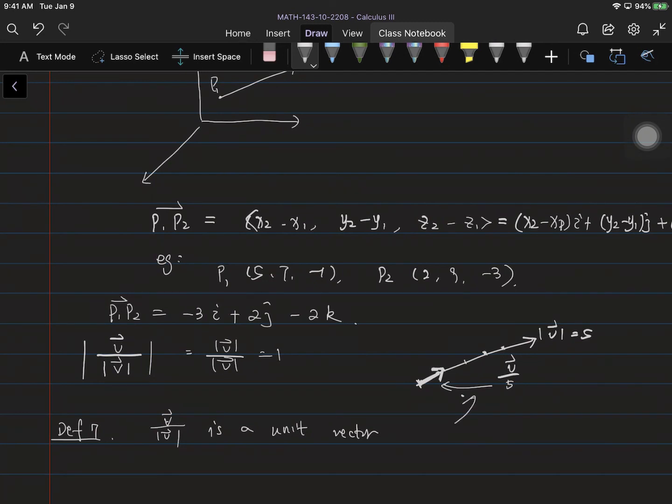If you look at my graph here, the same direction as the v vector, it is called the direction of v. Also, it has to be a non-zero vector, otherwise the denominator will be 0.